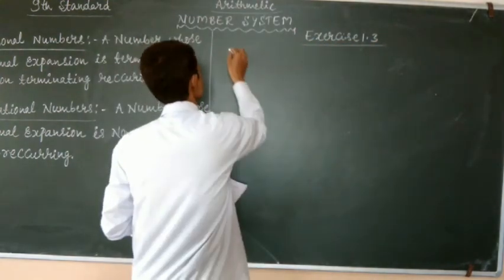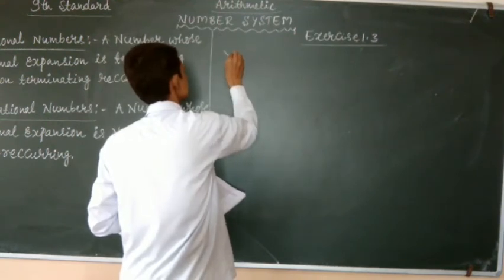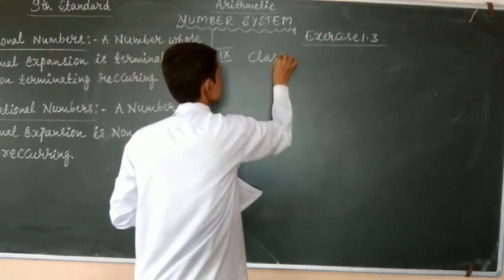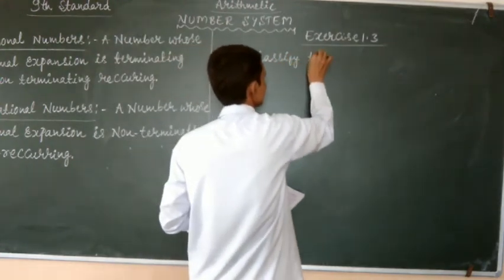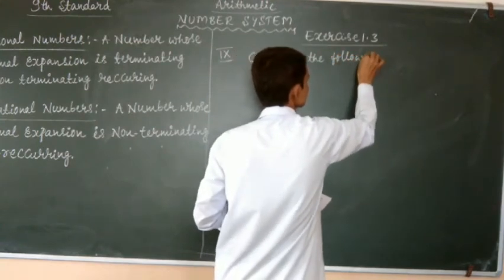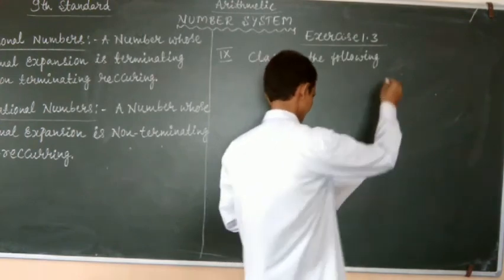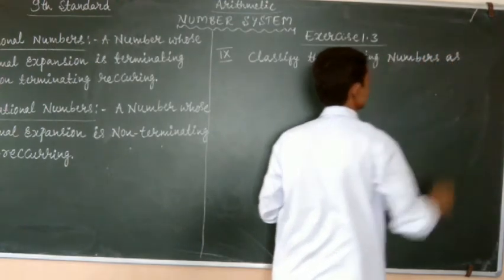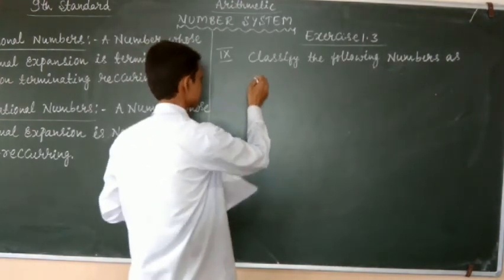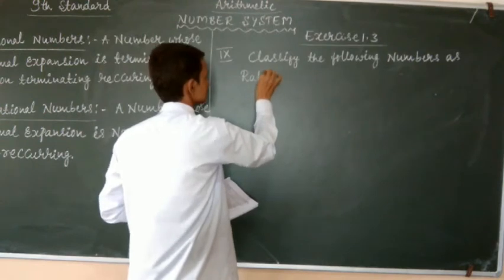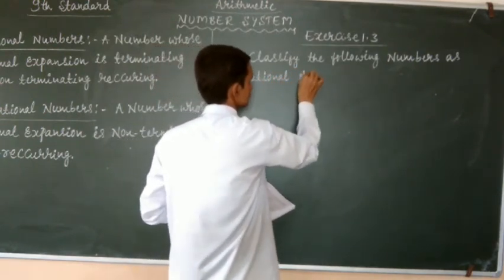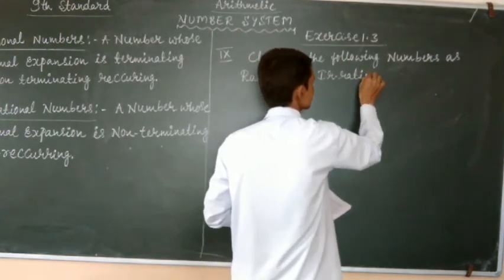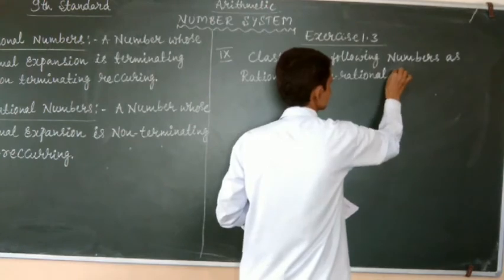The ninth question: classify the following numbers as rational or irrational.